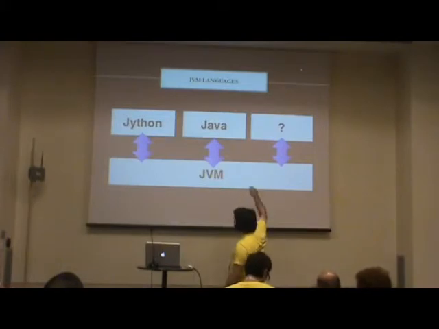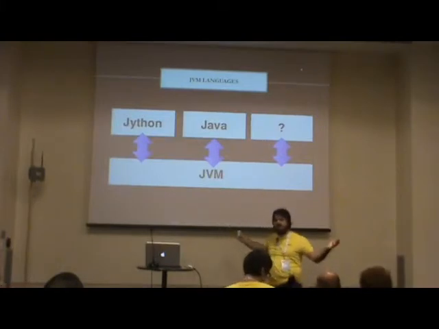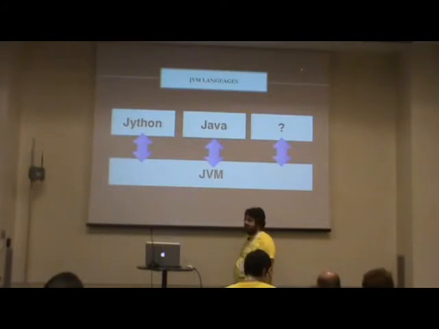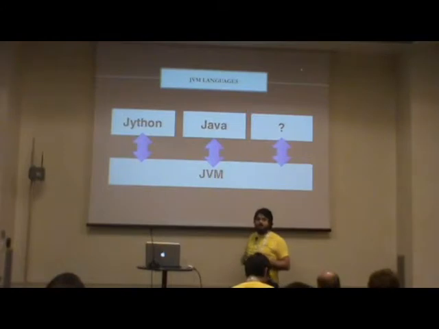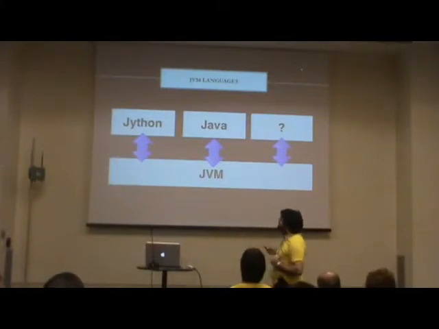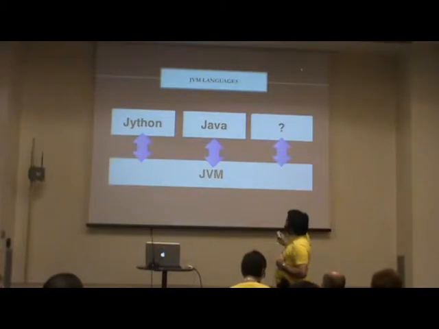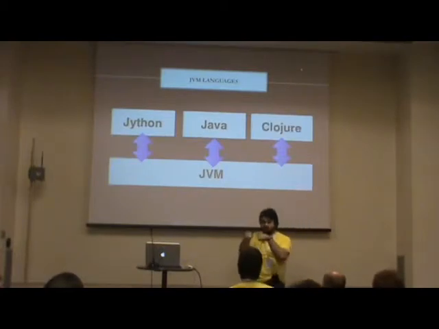So we could have put here basically everything, Scala, JRuby, whatever. Then Clojure, it's interesting because it suits well to some problems where maybe you prefer something different from Python, for example, something more functional. And it has an excellent interoperability with the machine.